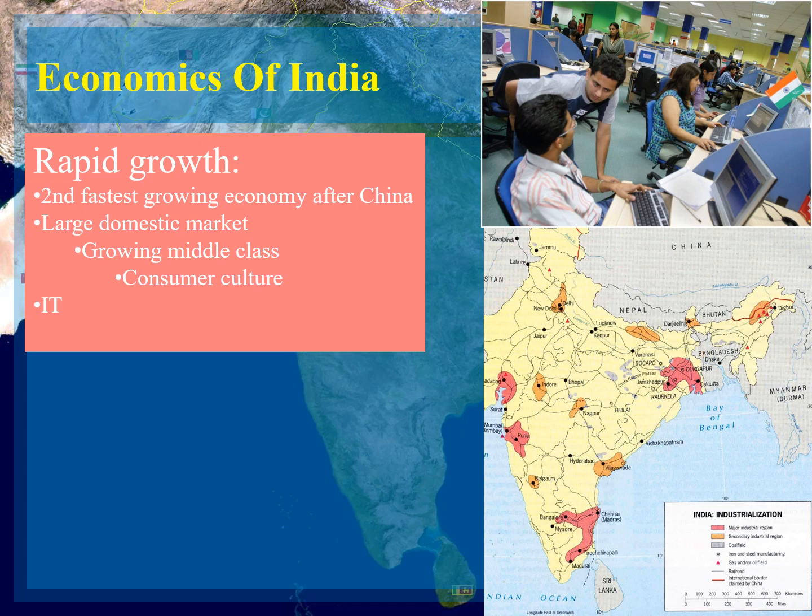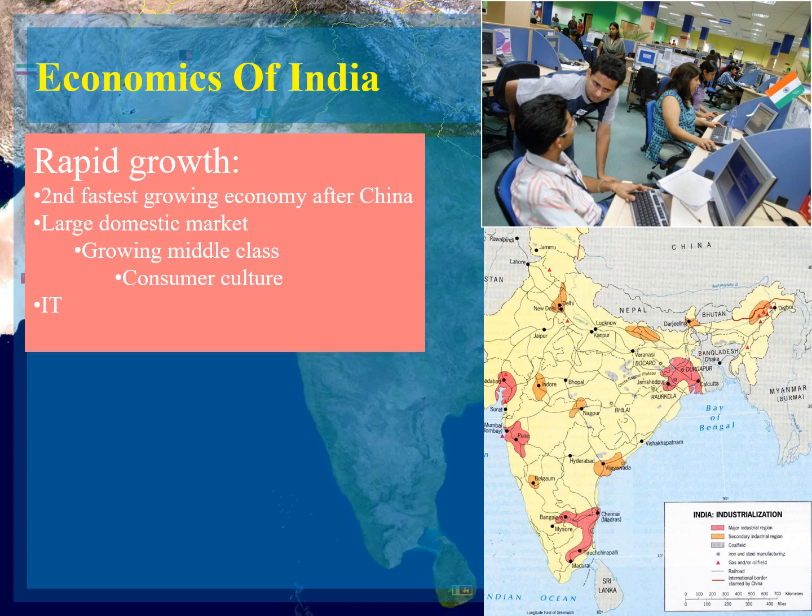So while they previously had traded silks and spices and tea outside of the country, now focusing on keeping that inside the country. As a result, as it says, second fastest growing economy after China, a growing middle class, which allows for a larger consumer culture, because there's a larger group of people that have the money to actually buy things.